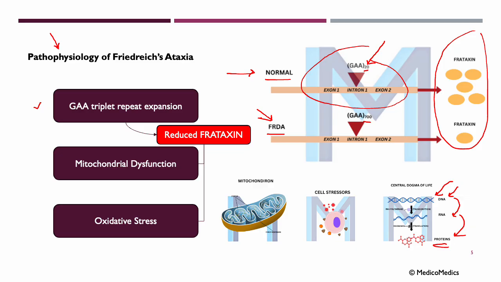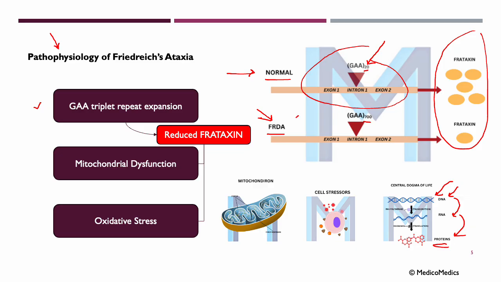However, what is the difference? So in healthy individuals, if there are GAA triplet repeats, they typically range from 5 to about 30 repeats, and it does not interfere with FXN gene expression.